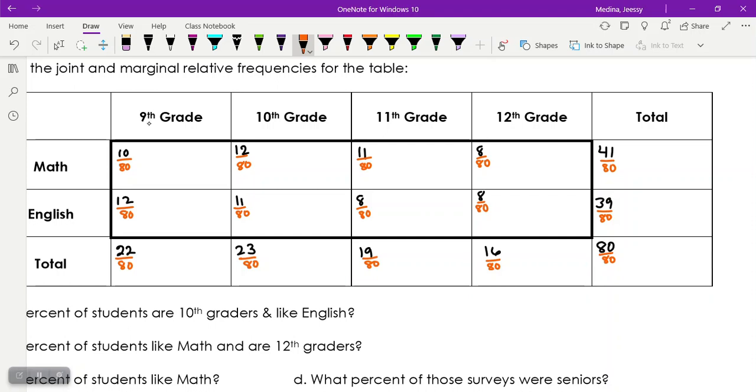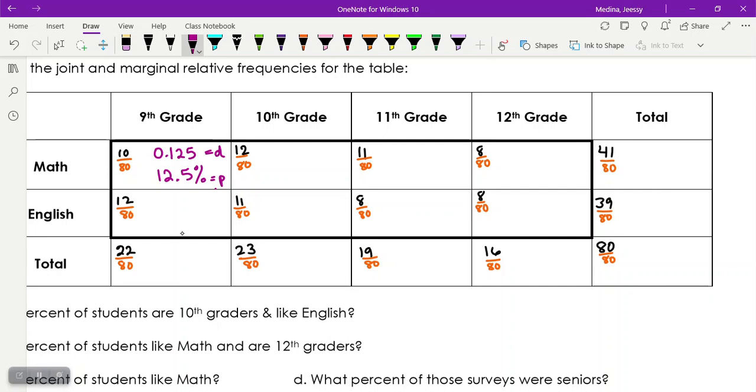So 12.50%. 0.125 and then times 100. All right, so this is the decimal. Please stay focused. And this is the percent. Are we clear?